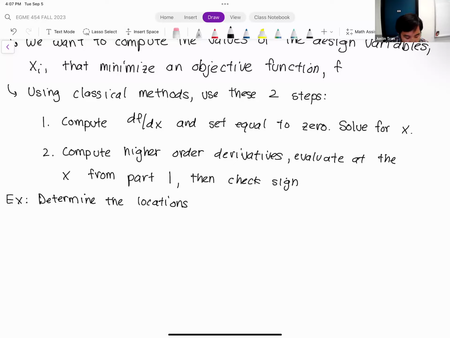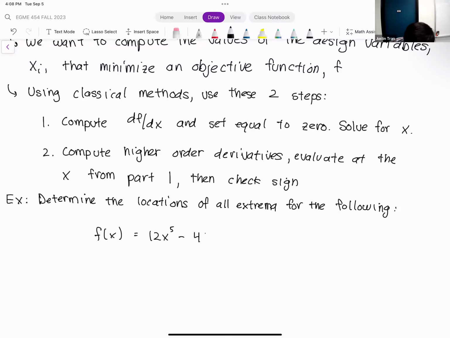For this example, we want to determine the locations of all the extrema for the following function. f of x is equal to 12 x to the 5th power minus 45 x to the 4th power plus 40 x cubed plus 5. So we have a 5th order polynomial, and our powers of x go up to 5.